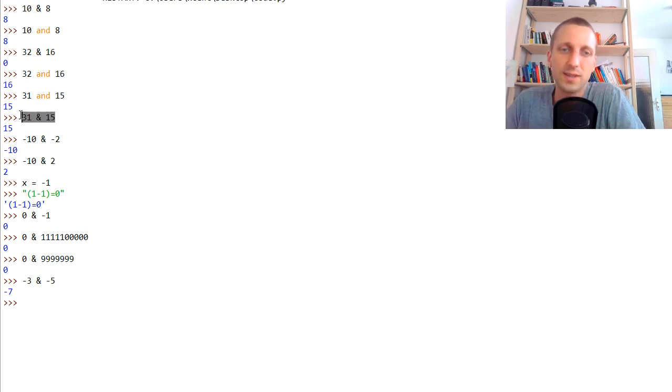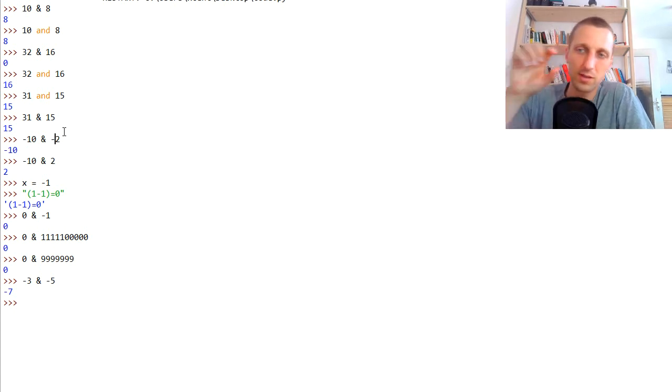Whereas the bitwise AND operator really dives deeply into the binary representation of the number, and then checks for each position whether both of those numbers are set to 1. So whether both bits at a certain position are 1.